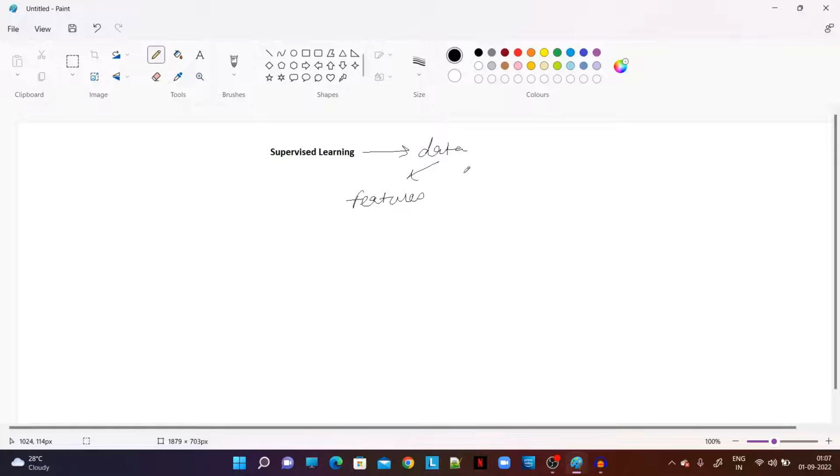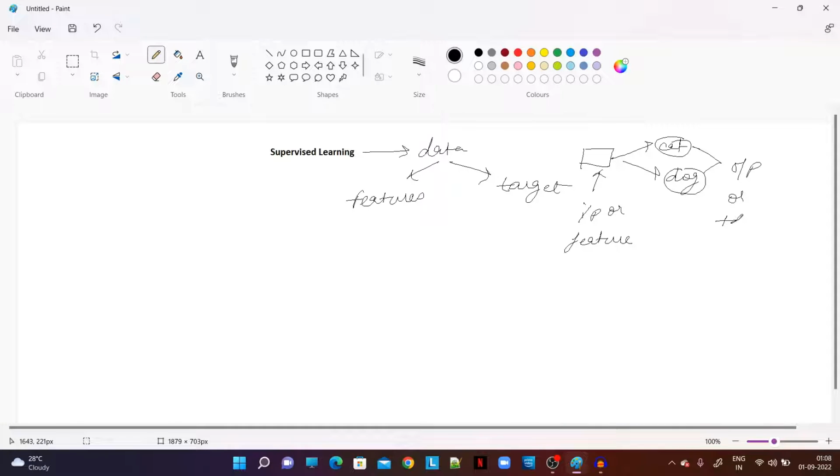Like the example I gave previously of the image, where we are determining whether it is a cat or a dog, this image is the input, also called the feature, and this cat or dog is basically the output. That is what you want to predict. This is called the output, or also called the target variable.